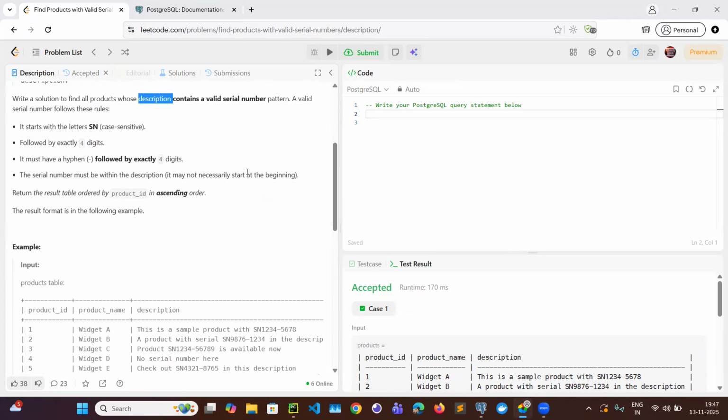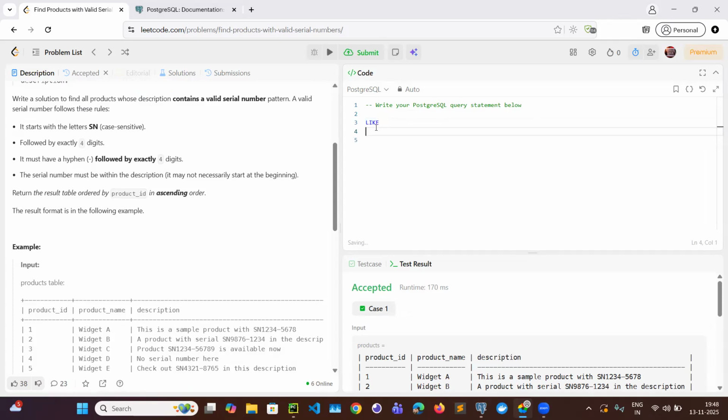If we had only the serial number in the description field, then maybe you could use the LIKE operator, because LIKE is used to match a particular string. But here the description is a whole long string, and the serial number can be anywhere in it, which means we need to use a regular expression. For a normal string, we use LIKE.